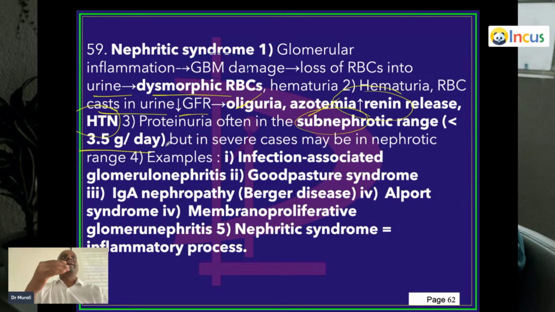Syn, S-Y-N, not S-N. Synpharyngitic hematuria. And it is the most common cause of recurrent benign hematuria. Every time he gets an upper respiratory infection, every time he gets hematuria, but it is subsiding. It is not leading to chronic kidney disease. Hence it is called benign recurrent hematuria.